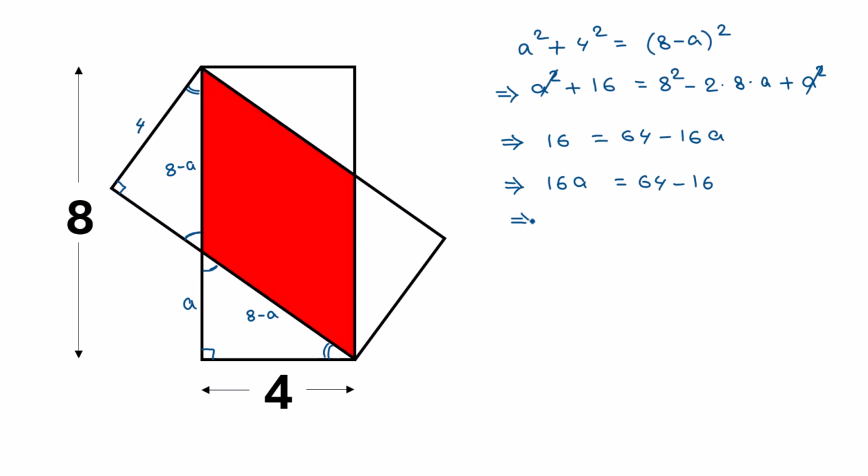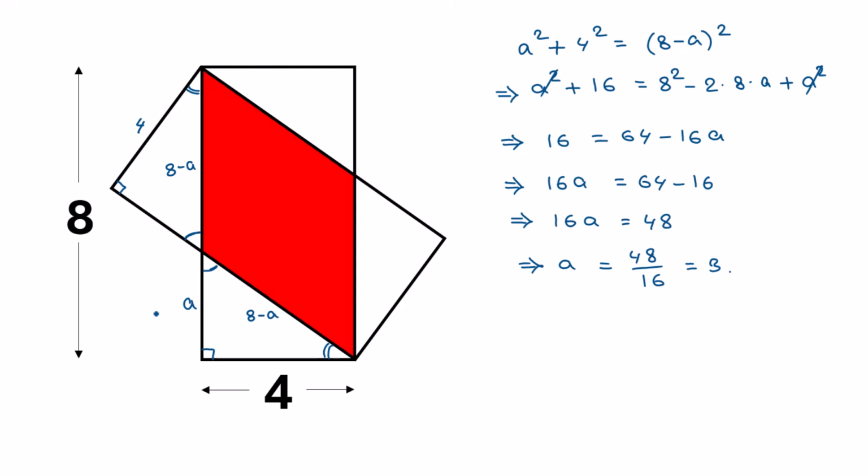Or on the left side 16a is equal to 64 minus 16, this is 48. Now divide both sides by 16, we will get a is equal to 48 divided by 16. 48 divided by 16 is equal to 3.